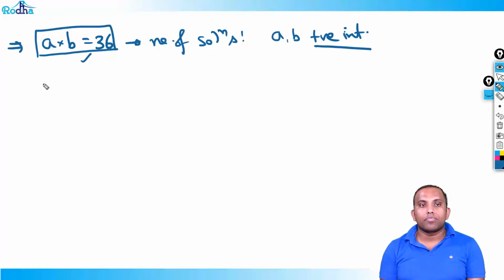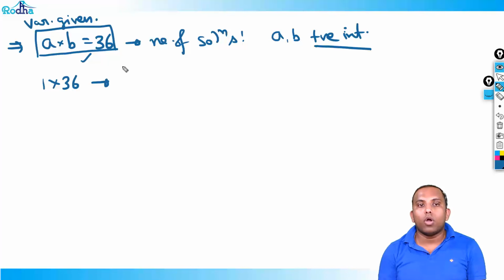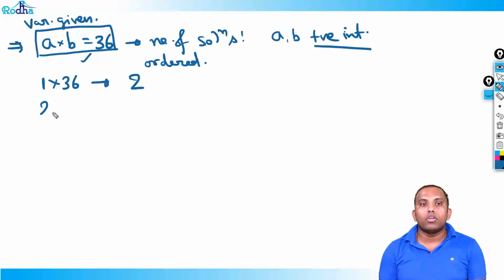So you see, 1 into 36, I'll write it as ordered, because the variables are given here. So the question is about ordered. In ordered, 1 into 36 will be counted as two cases. 2 into 18 will be counted as two cases, right?